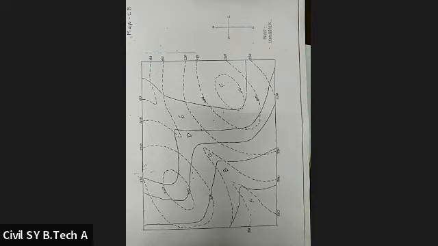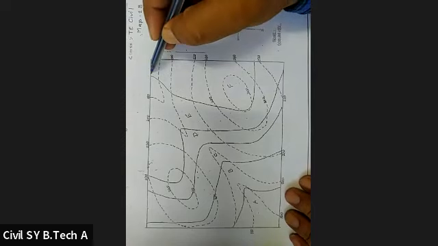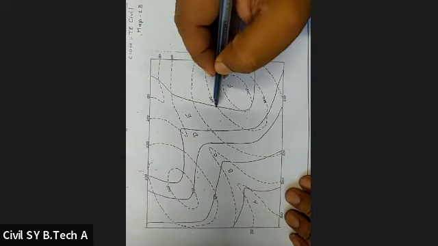Only look carefully. We have to mark all the intersection points of the contour lines and bedding plane lines. We have to mark all intersecting points. Now, which are the intersecting points? Take any one bedding plane. Suppose I have taken this bedding plane.